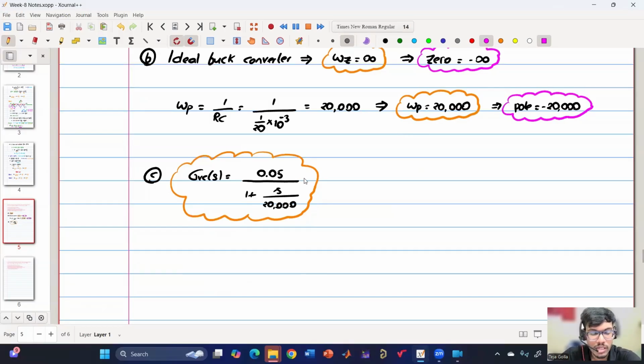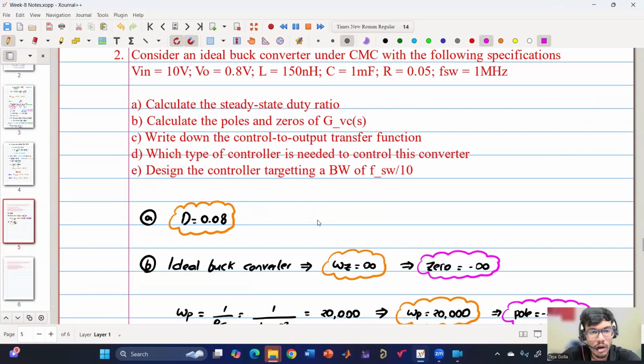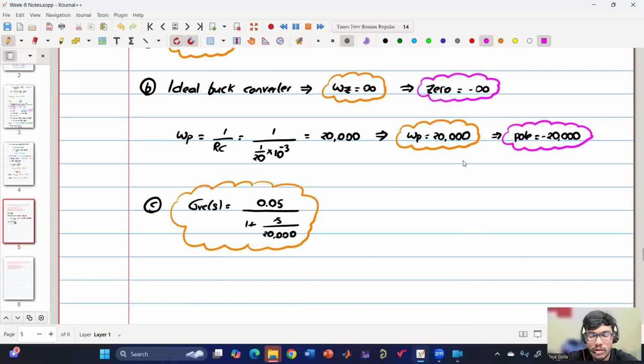Okay, so this is GVC of S. Now, which type of controller is needed to control this converter? Depending upon how the controller was previously designed, which controller do we need? Proportional controller, PI controller, PID controller, or how is this decided? The controller will have a zero to cancel this pole. Okay. Then one integrator.